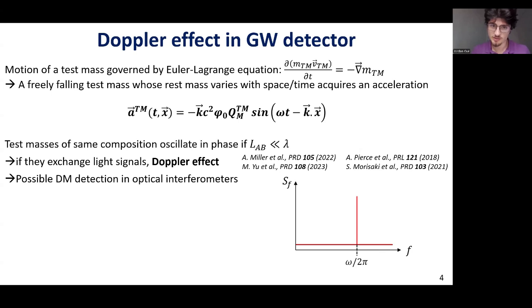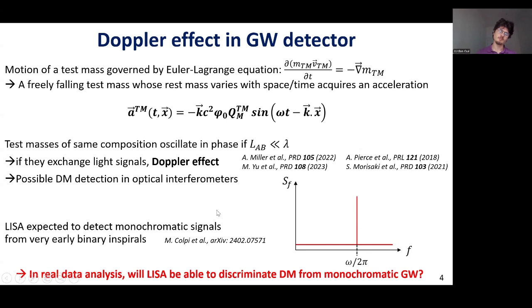similar oscillation in LISA. Now, of course, here I'm assuming a monochromatic signal. So in Fourier space, you will just have a monochromatic peak at the Compton frequency of the wave. Now for LISA, we expect LISA to detect many monochromatic signals from very early binary inspirals.